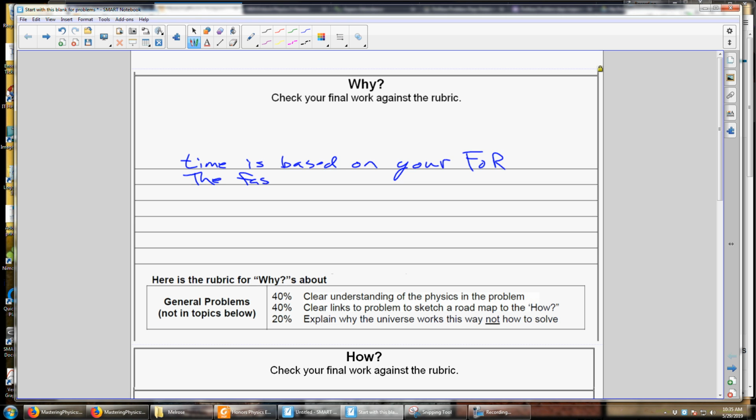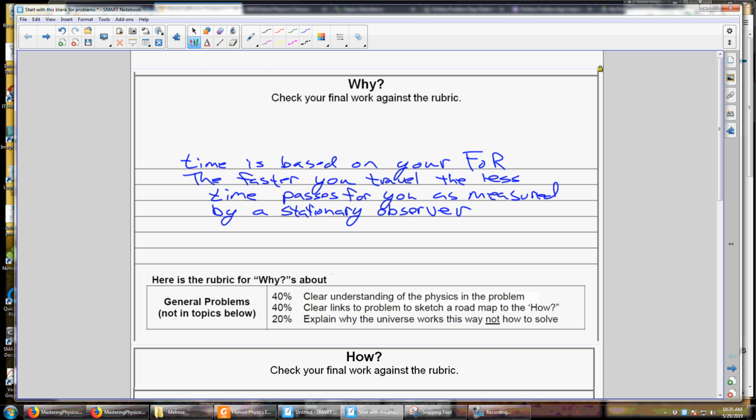The faster you travel, the less time passes for you as measured by a stationary observer. Time is based on your frame of reference.